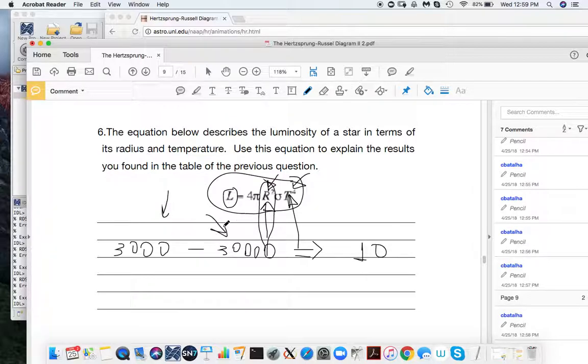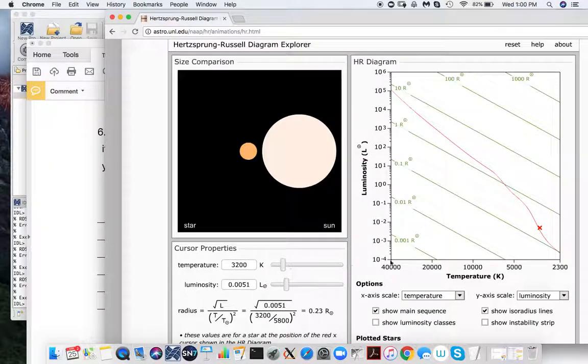Now, the range in which the radius changes, if you look in the HR diagram, especially in the main sequence, is from 1/10 of the solar radius to 10 times, or in the case of supergiants, 100 times as big.